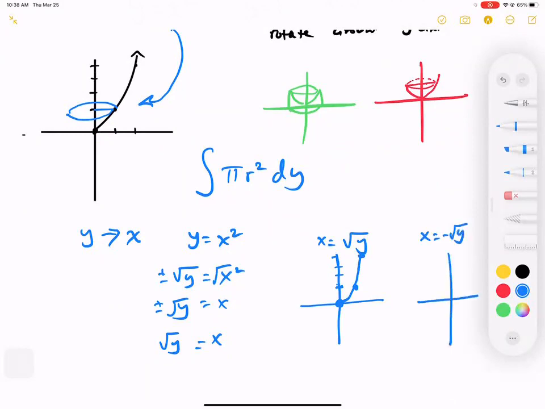If y is 0, x is 0, great. If y is 1, x is negative 1, because negative square root of 1 is negative 1. If y is 4, that gives us x is negative 2. So please take a look.